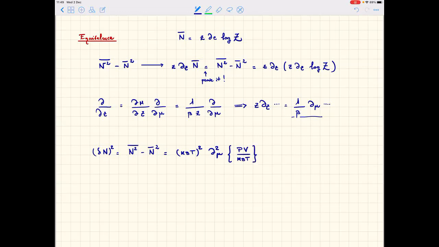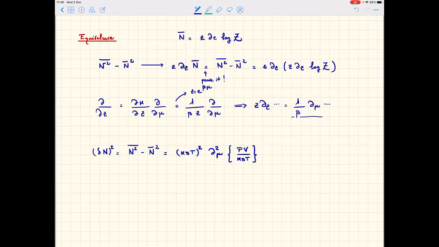Professor, in the second last line, where did you get beta z? Well, this is just from the definition of z. z is equal to e to the beta mu, right?